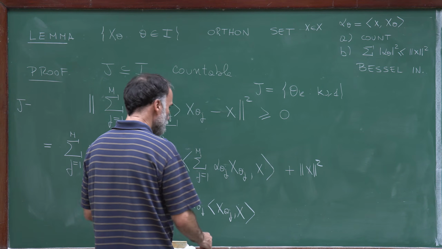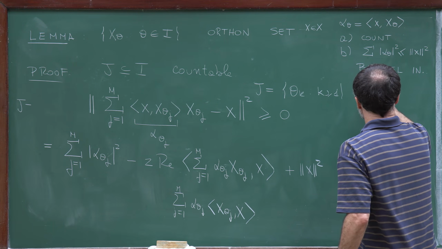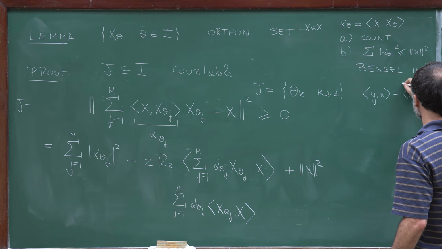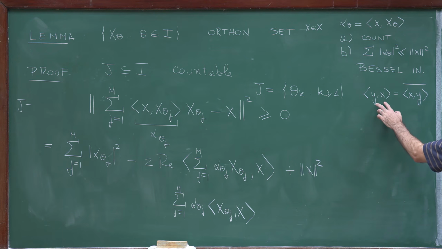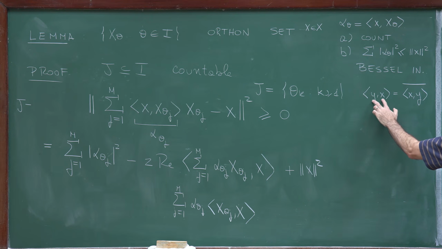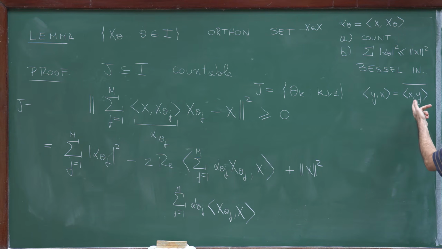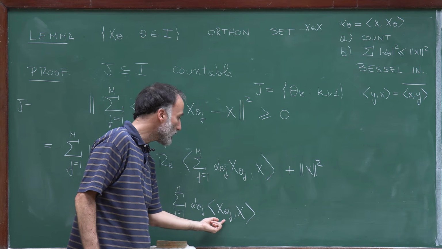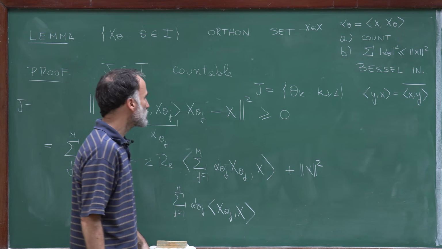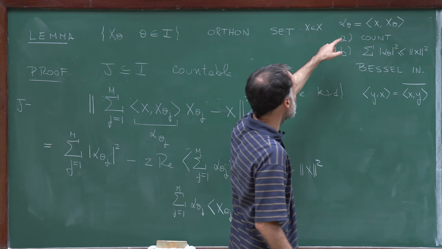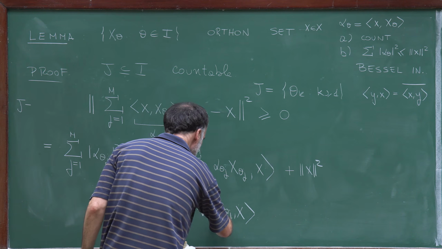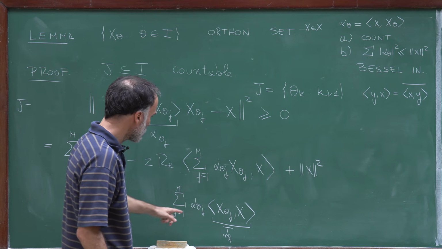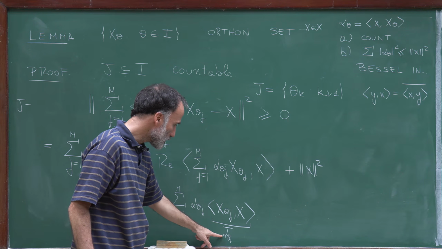But remember, by the property of the scalar product, which is skew symmetric, the scalar product of y with x is the complex conjugate of the scalar product of x with y. And so here we get the complex conjugate of the scalar product of x with x theta j, but that is alpha theta j. So we get alpha theta j times its complex conjugate.